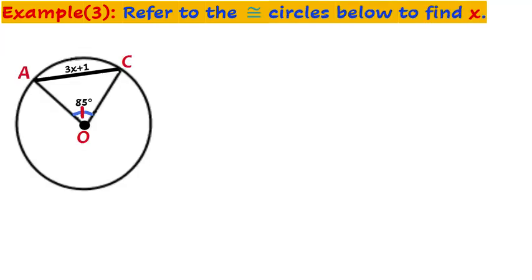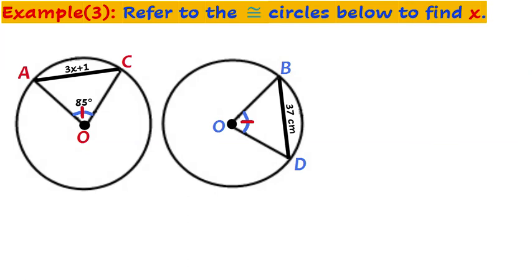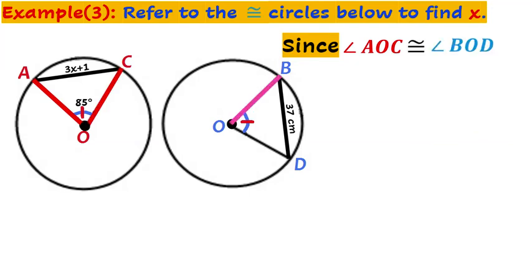Example number 3. Refer to the congruent circles below to find the value of x. We have two congruent circles with two congruent central angles. Angle AOC is congruent to the angle BOD.